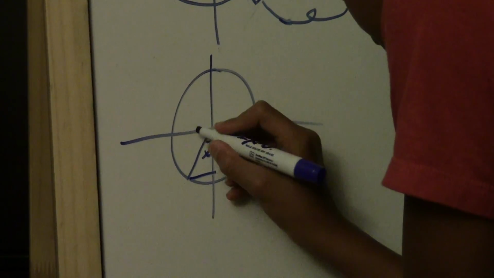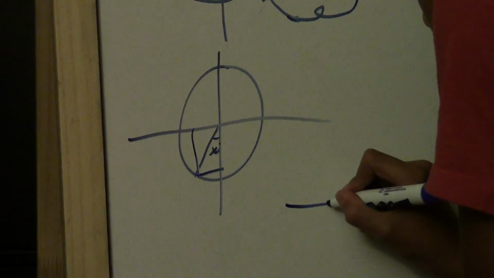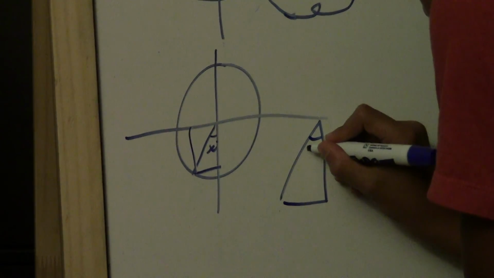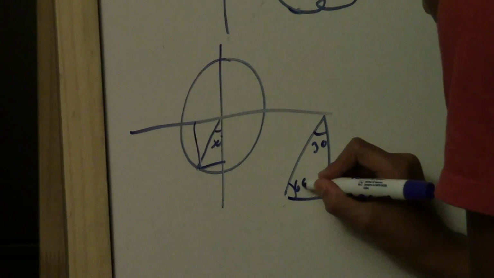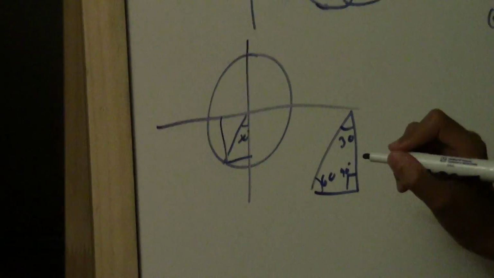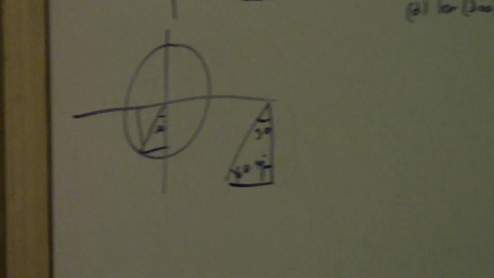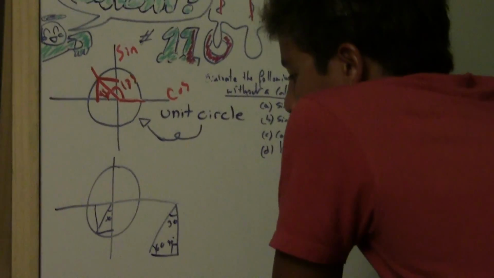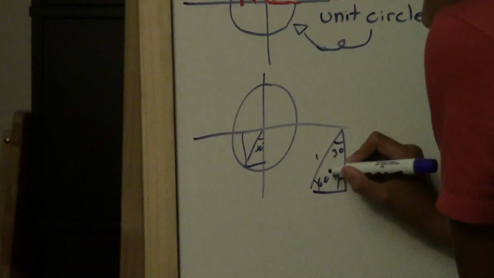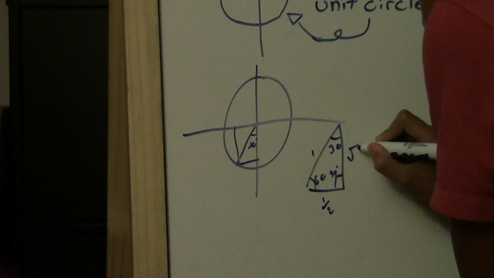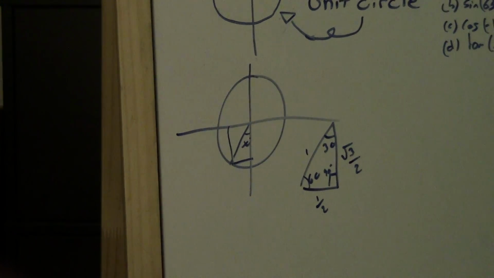We make our triangle, 30, 60, 90. This reminds us of the half equilateral triangle. So this is 1, this is 1/2, and this is the square root of 3 divided by 2.